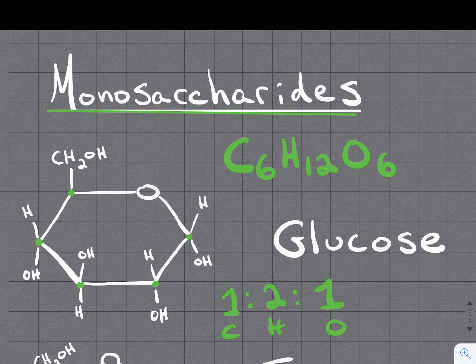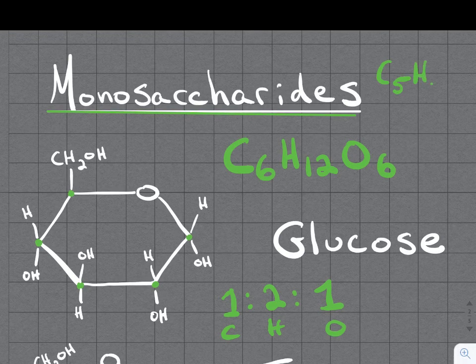So just as this glucose has 6 carbons and 6 oxygens, it has double the amount of hydrogens. You can also have, for example, a ribose sugar that is C5H10O5, and it carries on this same ratio of twice as many hydrogens to oxygens and carbons.